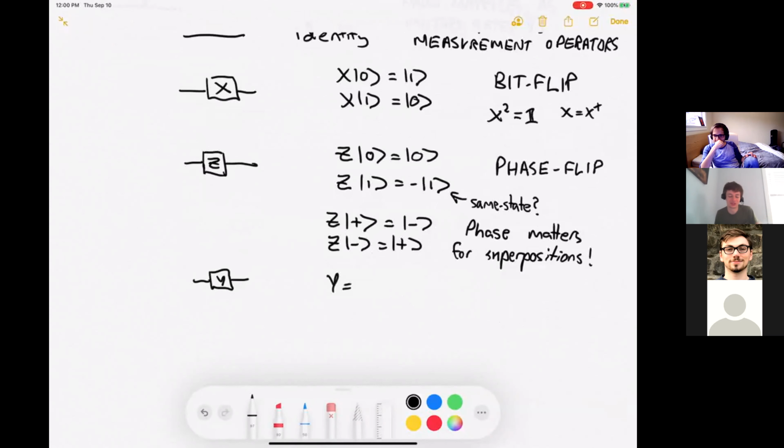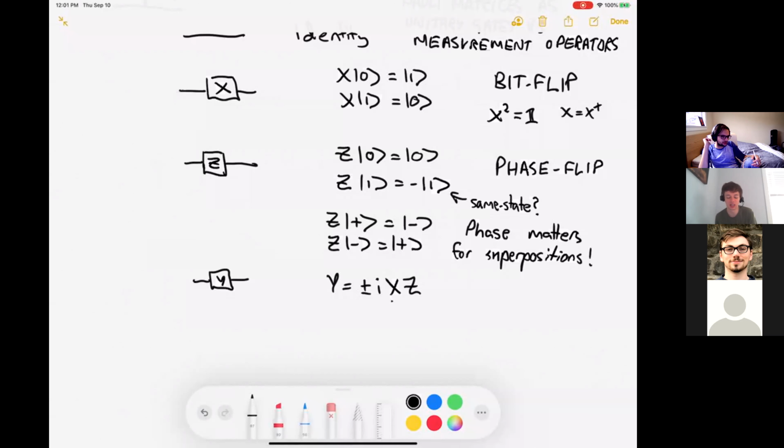So Y is equal to, I can't be bothered to remember the sign, but it's either iXZ or it's minus iXZ. So I can apply Y by just applying Z and then applying X. And then if I wanted, applying a global phase, but that doesn't really mean anything because global phase doesn't change the state.